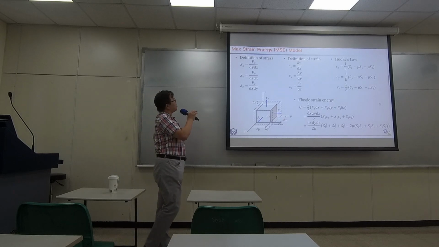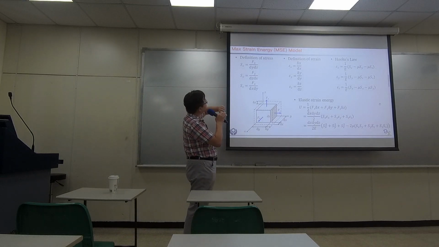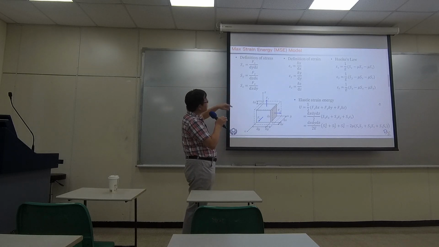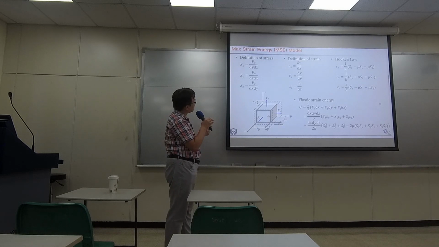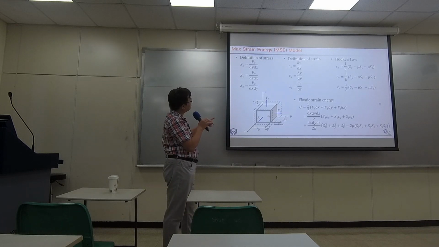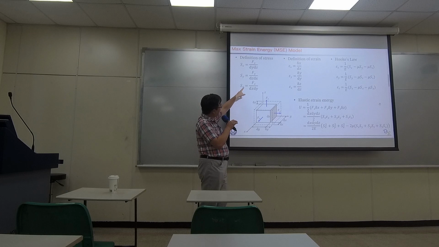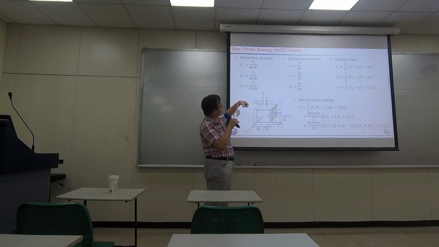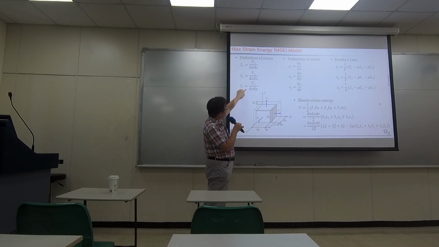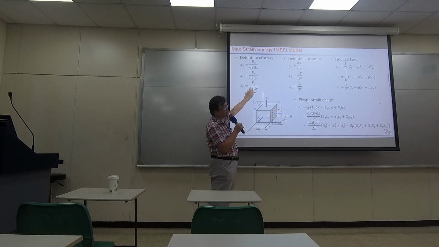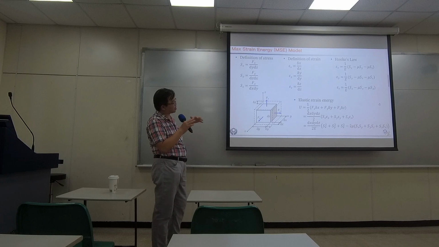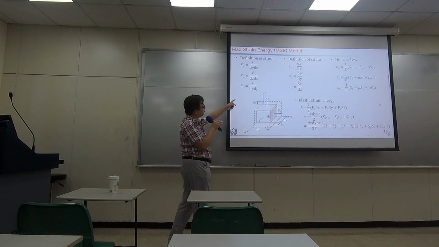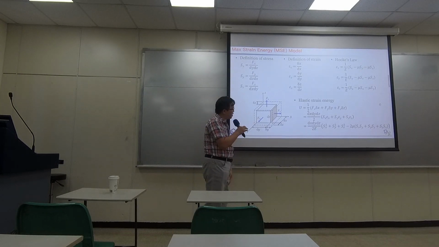Now, the first thing we're going to derive is from the definition of stress. Along each direction, we can realize the relationship of the principal stress and the pulling force. Basically, stress equals force over area. Since they are boxes, the area can be calculated quite easily.